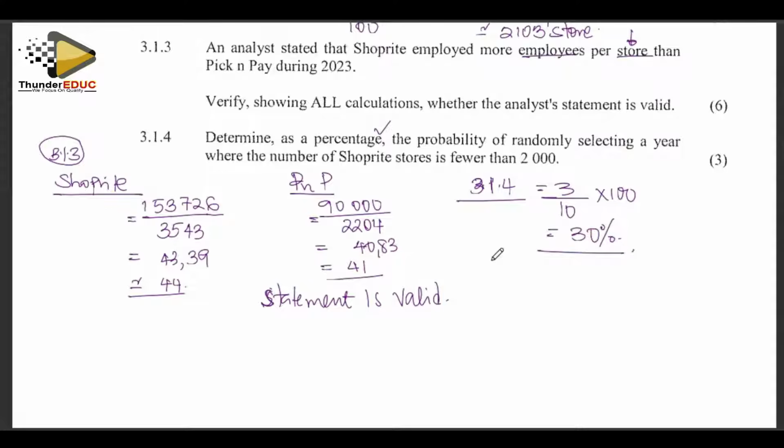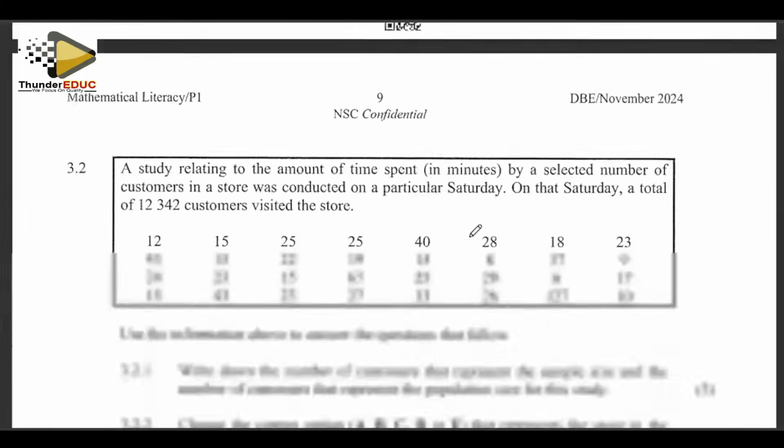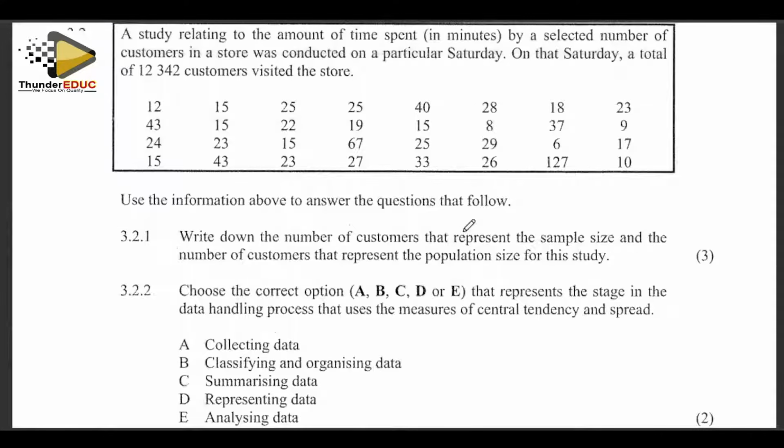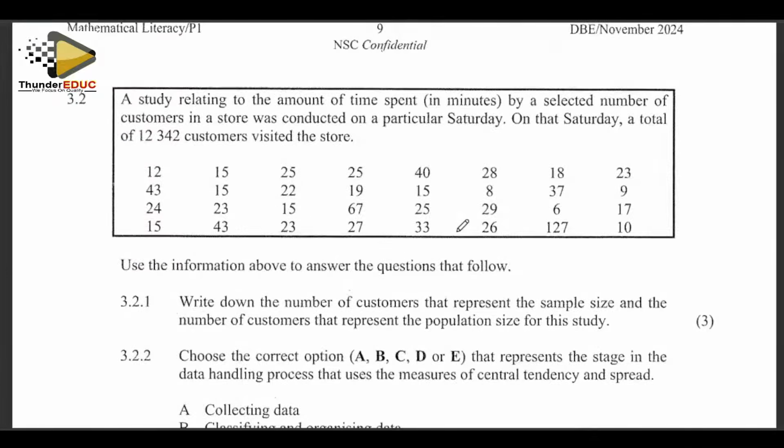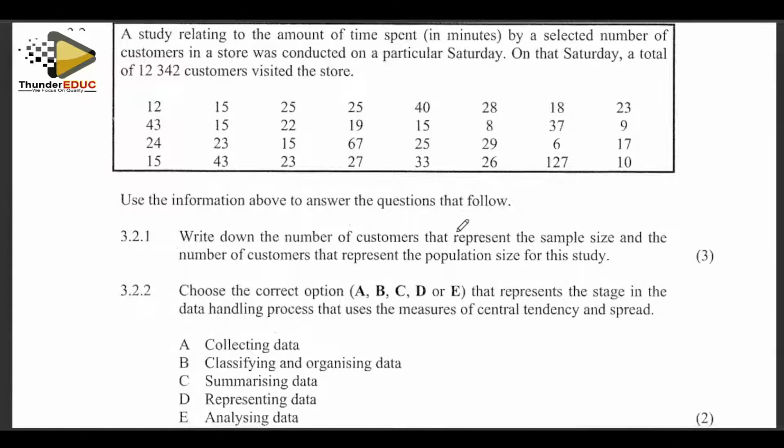All right. We go to question number 3.2, the data handling. They're telling us, a study relating to the amount of time spent in minutes by a selected number of customers in a store was conducted on a particular Saturday. On that Saturday, a total of 12,342 customers visited the store.